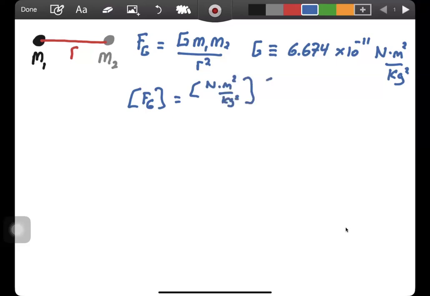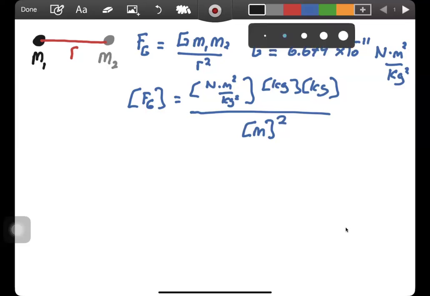And then we've got a kilogram for the first mass, a kilogram for the second mass, and then we've got distances in units of meters for SI, and so we'd have meters squared. So let's look at the dimensions here. We have in the numerator a meter squared, but also in the denominator we have a meter squared. So I'm going to cancel the meter squared out.